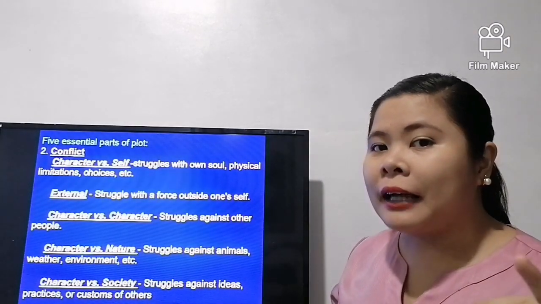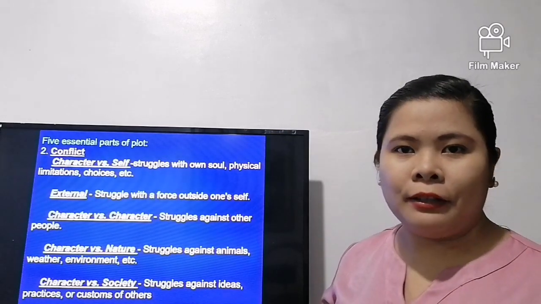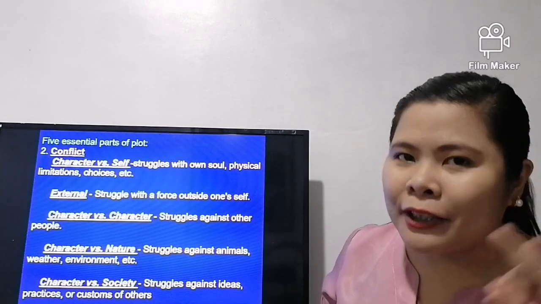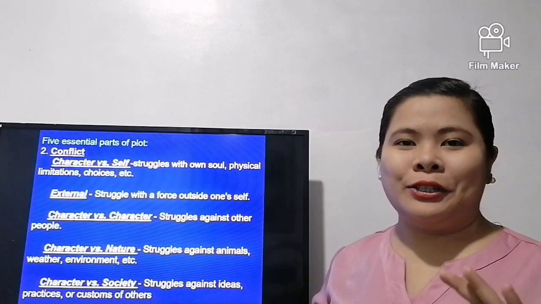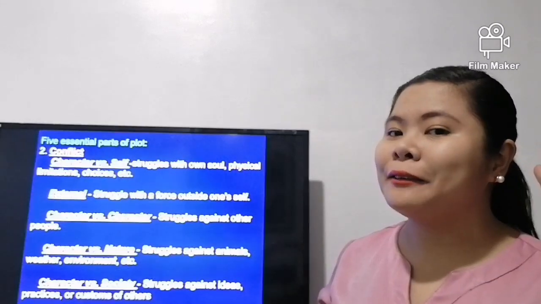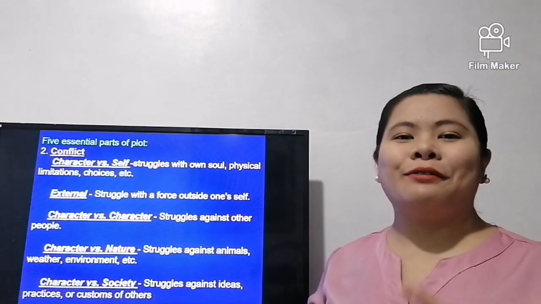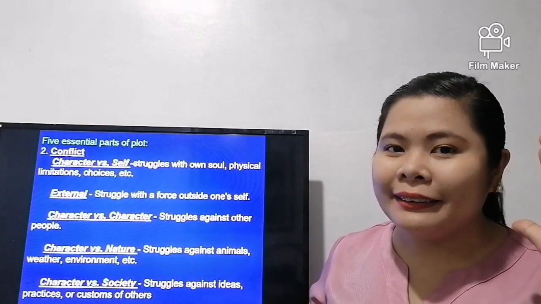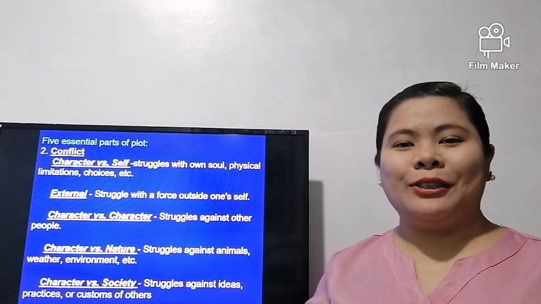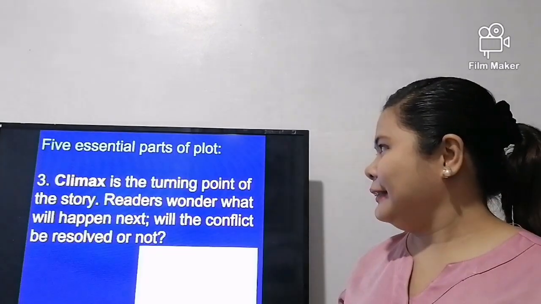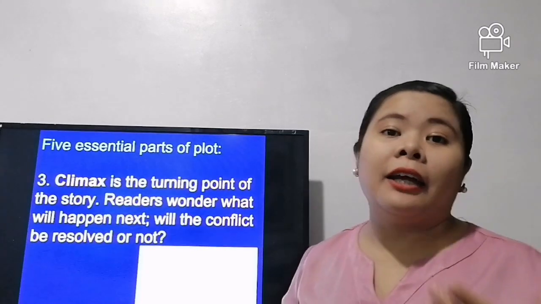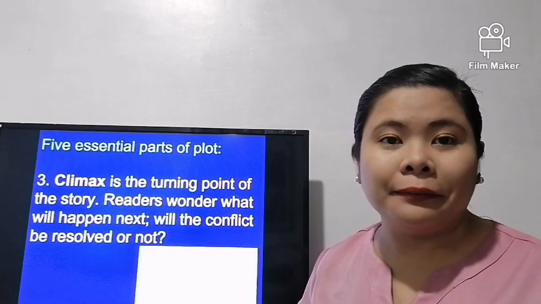Very good. Character versus self. Second, external. Next, character versus character. Next, character versus nature. And character versus society. Very good. You got it correct. How about the third essential part of a plot?